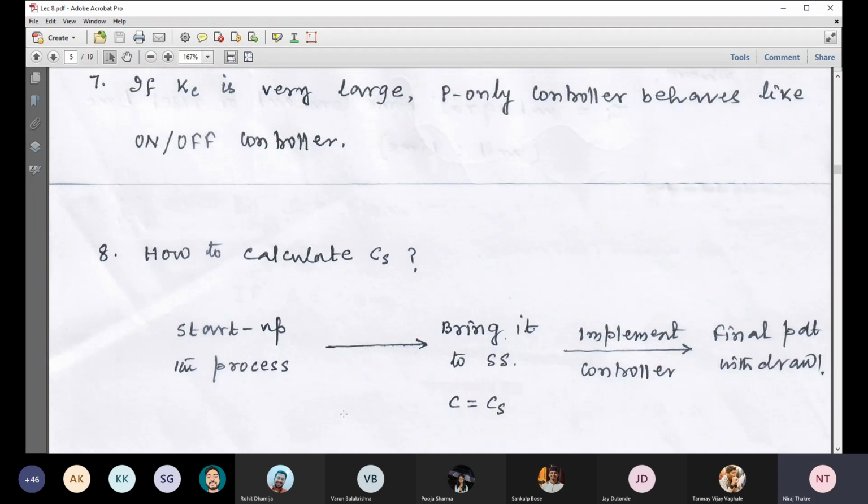Like today we have discussed one heating tank system. For that, our control manipulated variable is FST. So to get the steady state, what is the value of FST is set, that you note down. And that value is CS.